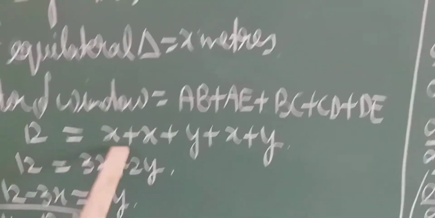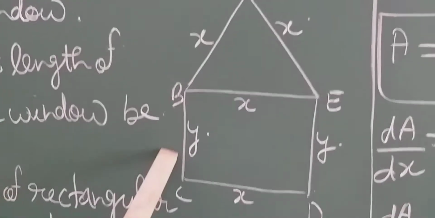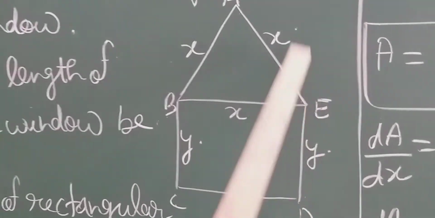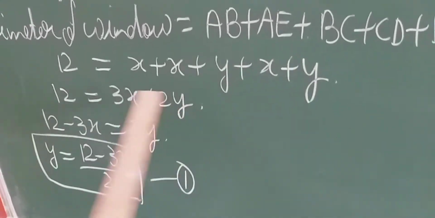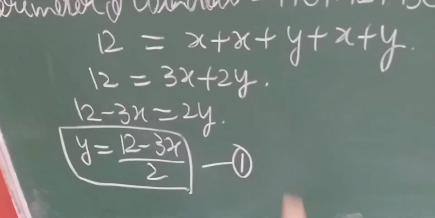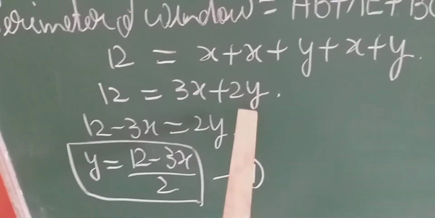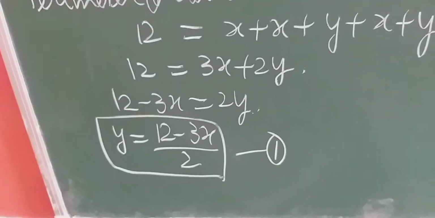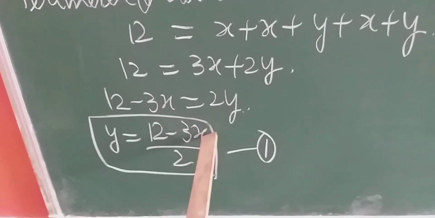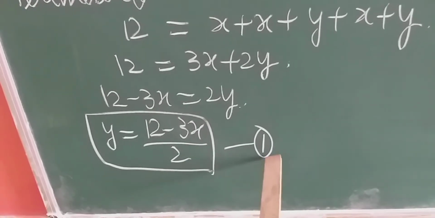So 12 equals to x plus y plus x plus y plus x. So 12 equal to 3x plus 2y. So 12 minus 3x equals to 2y. y equal to (12 minus 3x) upon 2. This is equation 1.